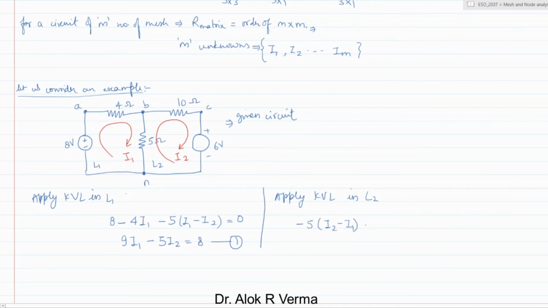Then we have the drop in 10 I2. Then we have a drop of 6 volt, which is 0. So it is nothing but minus 5 I1 plus 15 I2 is equal to 6. This V means 6 volt. This is equation number 2.